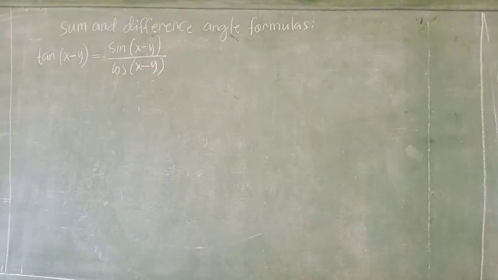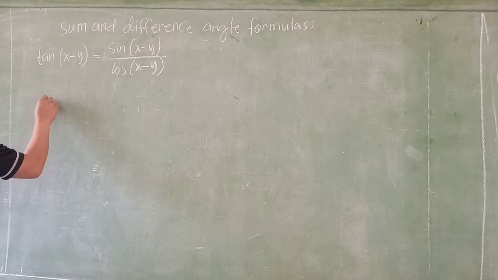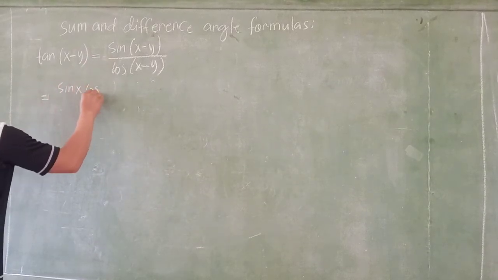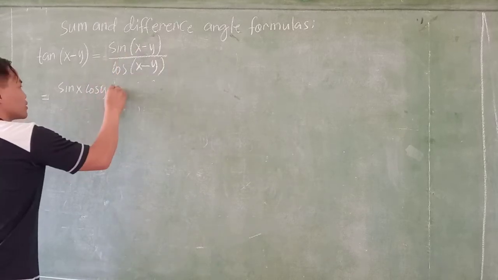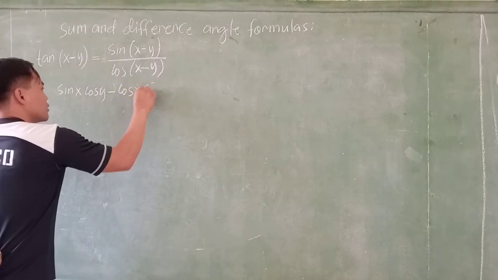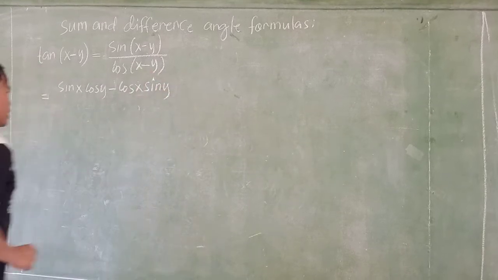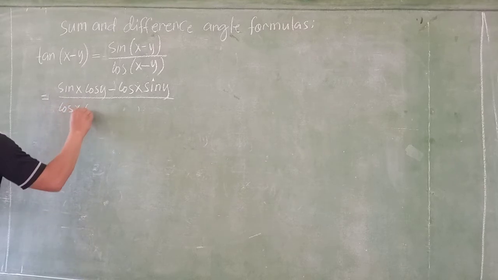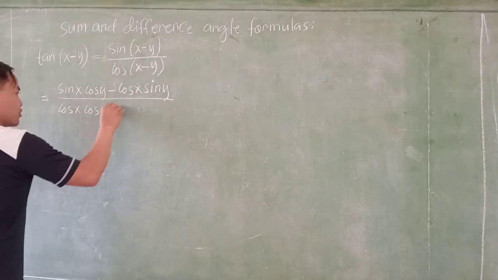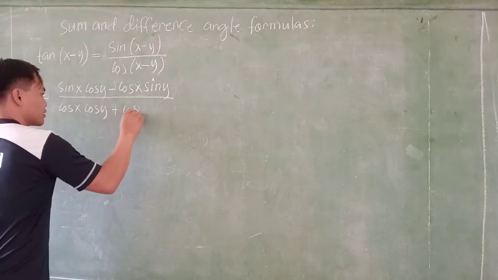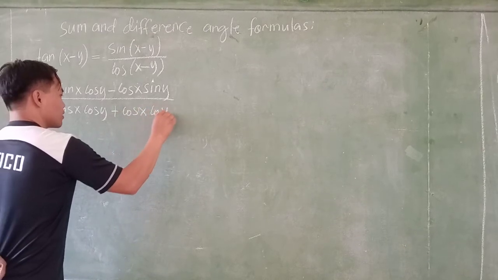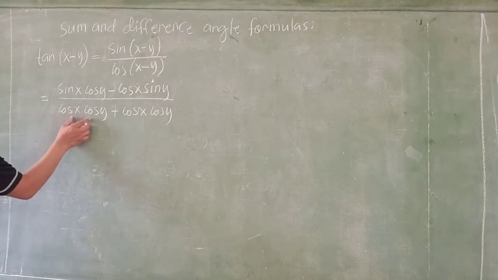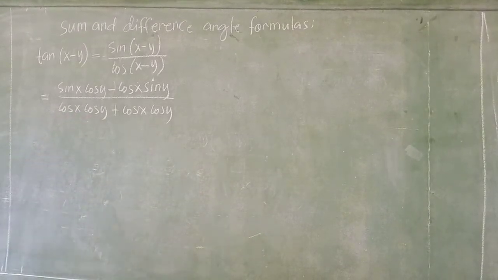So the same. Just simplify, that is just equal to sine x cos y minus cos x sine y, over cos x cos y plus cos x cos y. Then, the same quantity, we will multiply each term by 1 over cos x cos y in the numerator and denominator.